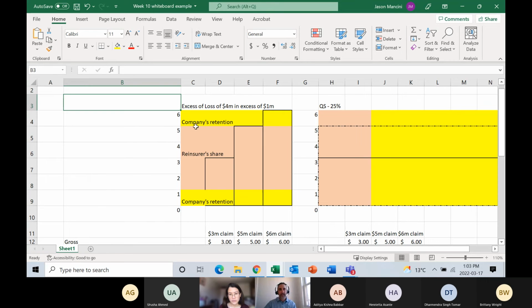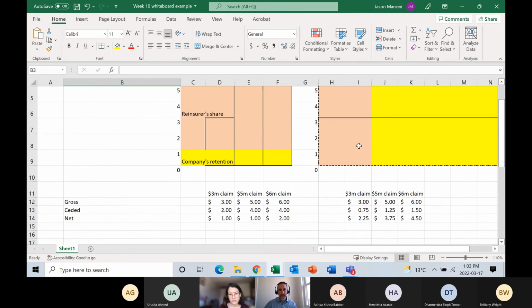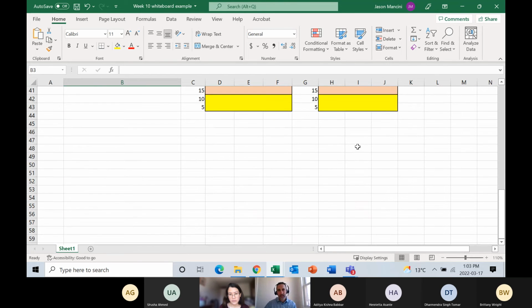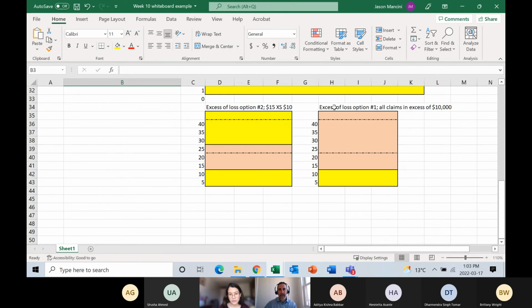Okay, so we did some of these charts last week. Down here is our excess of loss option 1, where we said all claims in excess of 10,000 would be reinsured. So if we had 10, we keep, and anything over 10, we start to cede.